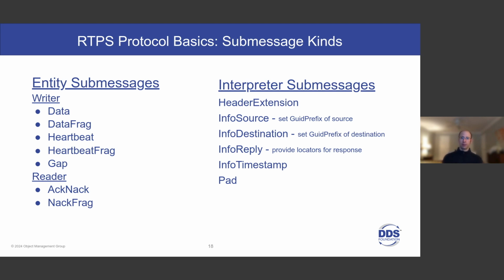Info reply provides locators for a response, again, if you're talking about point-to-point communication. Timestamp introduces the timestamp of when that data was written. That's used, for instance, if you use write with timestamp, if you're familiar with that from the DDS API. And then there's a pad submessage, which can be used to enforce alignment in some cases.